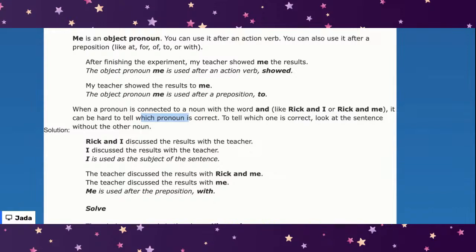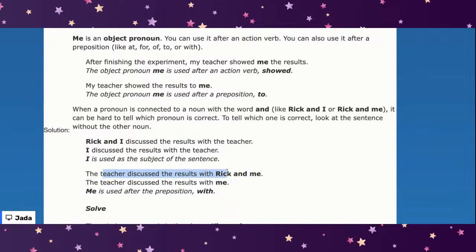Rick and I discussed the results with the teacher. So you remove Rick and say, I discussed the results with the teacher. If it makes sense, then you know that I is the best pronoun here.